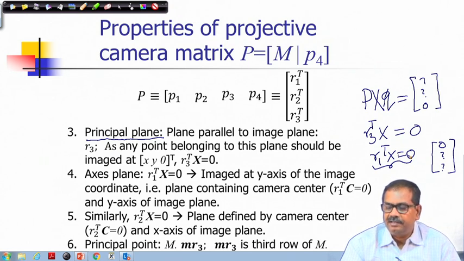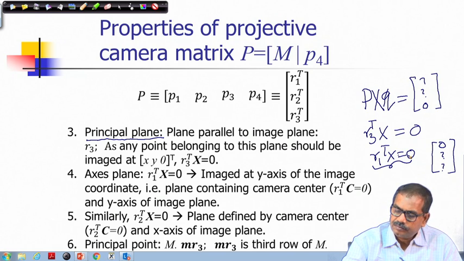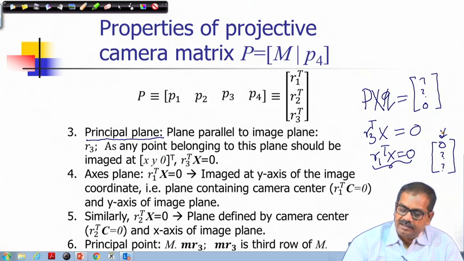So, what is this plane? That would be interesting to understand, because in this case the x coordinate is always equal to 0, which means you are considering only the y axis in the image plane.